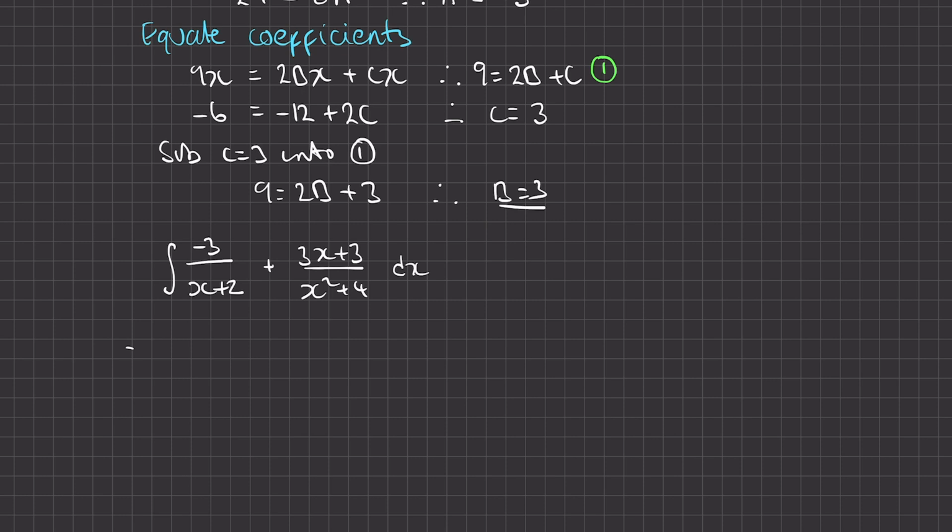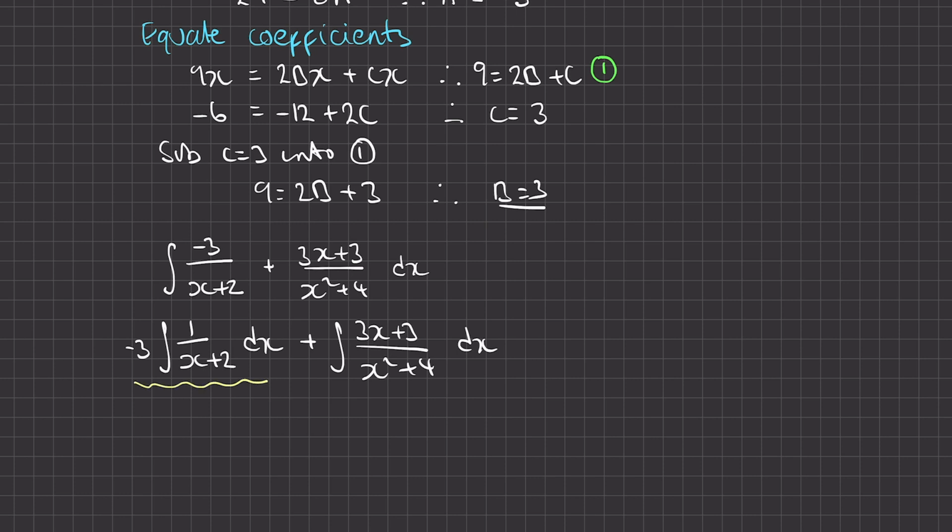So this is the same as minus 3 times the integral of 1 over x plus 2, integrated with respect to x, plus the integral of 3x plus 3 over x squared plus 4 with respect to x. So I'll do this one in yellow, and I'll do this one in green.